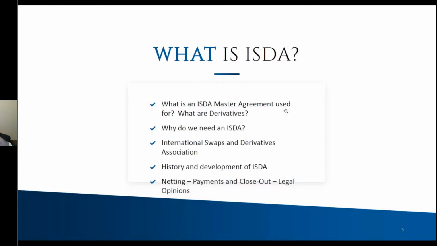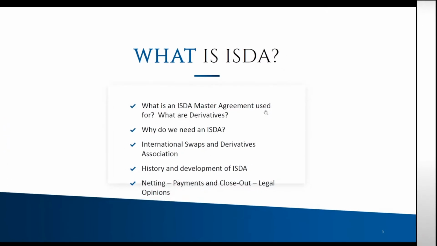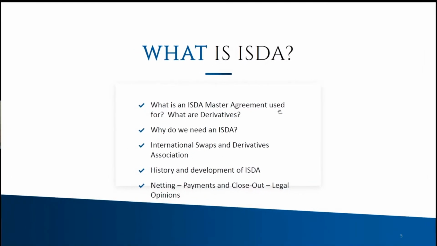So under the category of a derivative, you would have two main categories. Listed derivatives, which would be like a futures traded, which is cleared on an exchange. And you would have OTC derivatives, which are bilateral. They're between two parties, and those are not listed in any way.